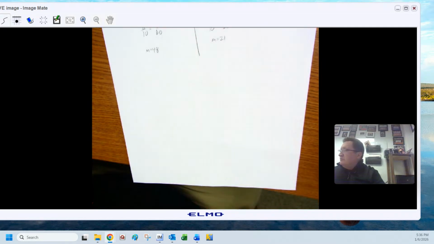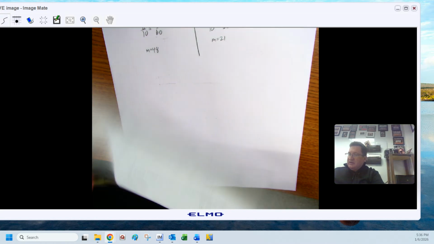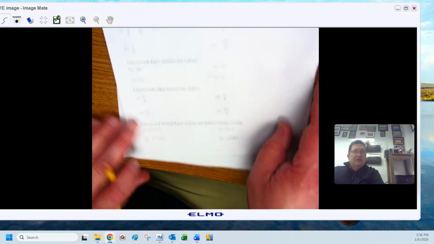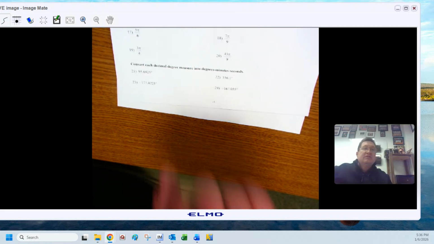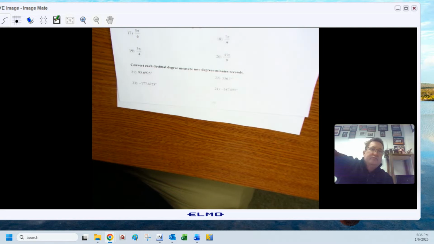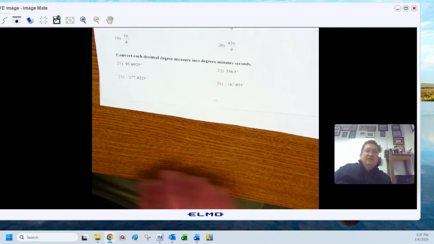Now, it's true that on your homework, there will be some problems that are a little bit more complicated. Like, for example, here on number 21, it says 95.6925 degrees.